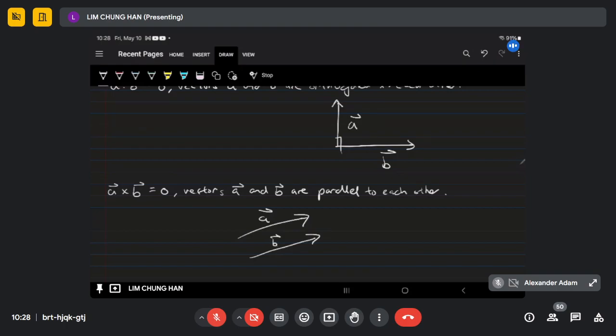In other words, same unit vector. So if A cross B is 0, that means vectors A and B are parallel to each other, and they have the same unit vector because same direction, always same unit vector.